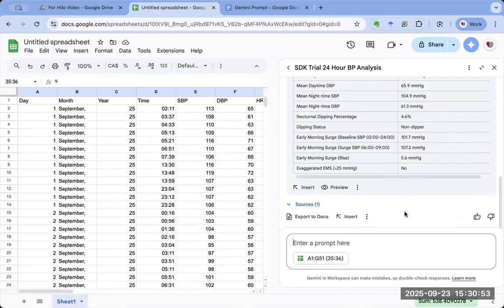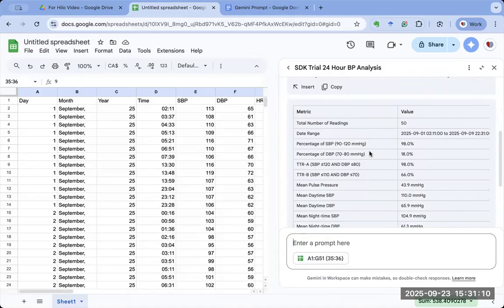Then you need to talk to your doctor to discuss whether your medication timing can be changed in any way for this, or whether you need to look for other things. So this person does not have an exaggerated early morning surge, so this is fine.